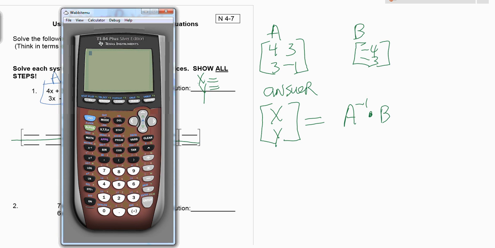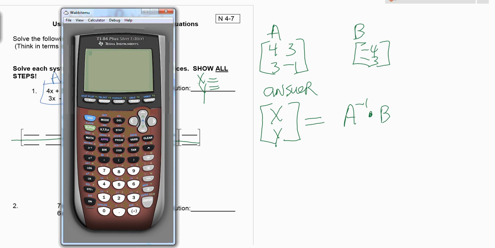Okay, and then in matrix B, I want to edit that. This is a 2 by 1, right? And the values are negative 4. Careful, make sure you get everything entered in just right. Negative 4 and negative 3.